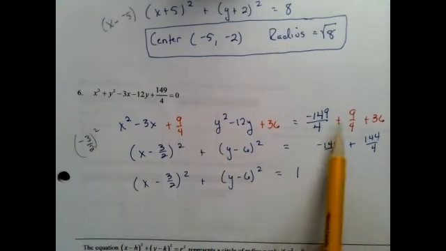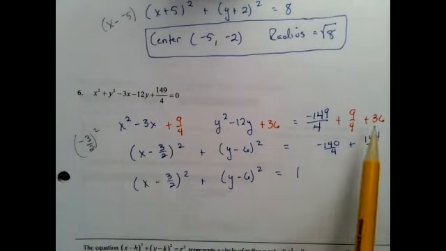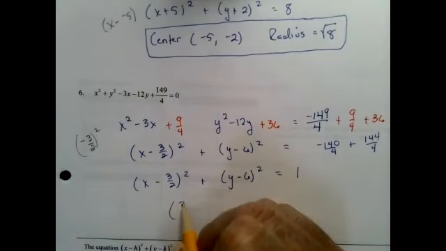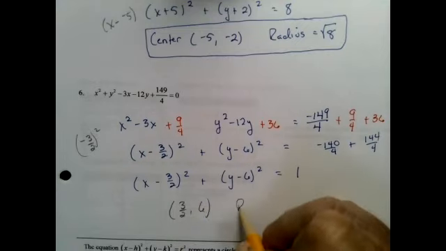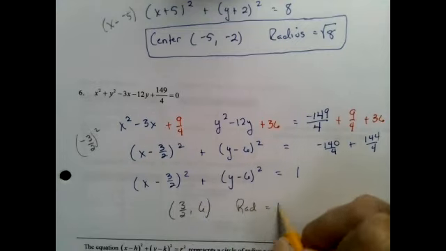I combined those two and got negative 140 over 4, and I changed 36 into 144 over 4, that's 1. So for this problem, my center would be 3/2, comma 6. My radius would equal 1.